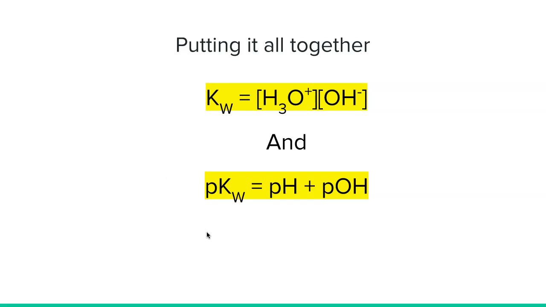This is where we get the cap for the pH scale at 14, because the H plus and the OH combined make Kw. Kw has that 1 times 10 to the negative 14th value, so when we transform it, we get 14, and so the cap on the pH scale is 14. It will always be 14, and the pH and the pOH have to add up to that.